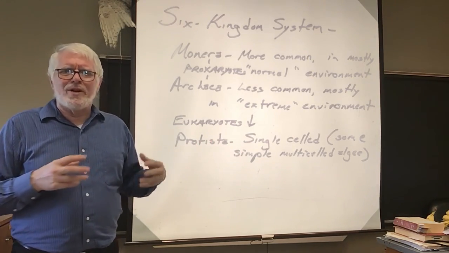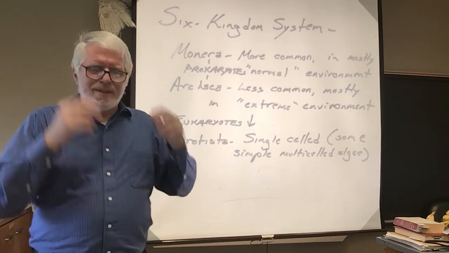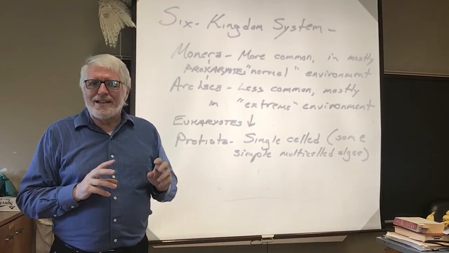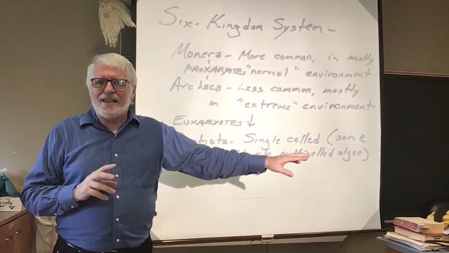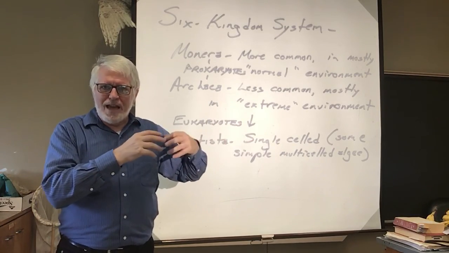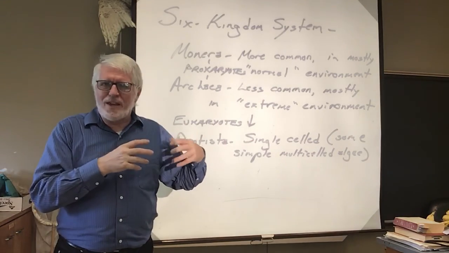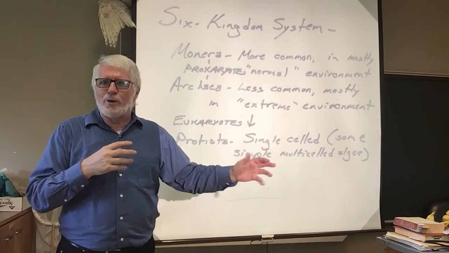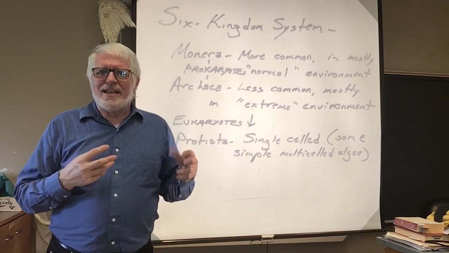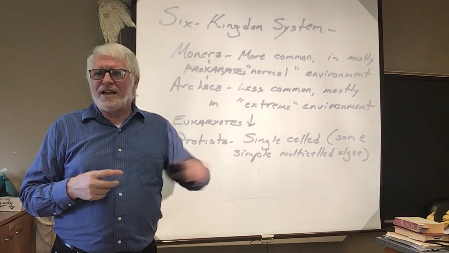Now, a number of years ago, since I've been teaching, there was some sort of revolution in the plant people. And they decided that there's algae that lives in the ocean that are almost nothing more complicated than sheets of photosynthetic cells. And they decided that the plant kingdom wasn't going to include them anymore.